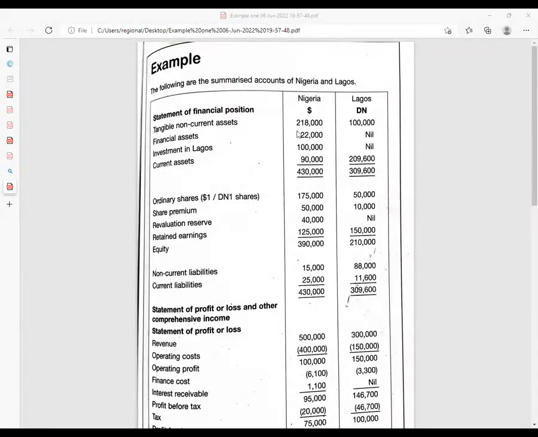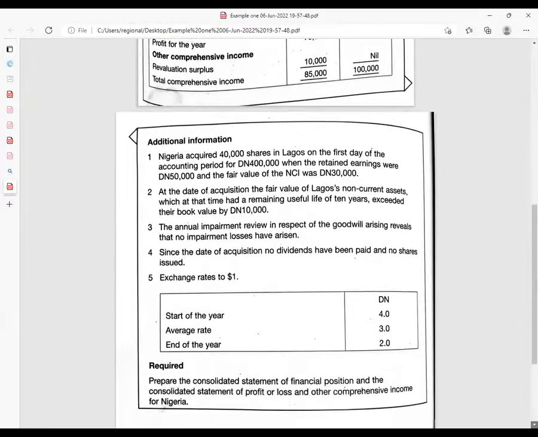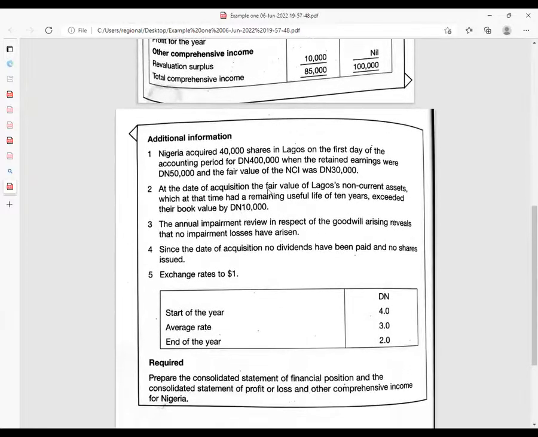So here, they have told us something very nice. They've told us here that at the date of acquisition, the fair value of Lagos' non-current assets, which at that time had a remaining useful life of 10 years, exceeded their book value by 10,000.